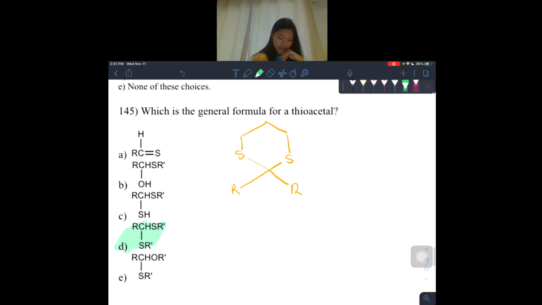Basically, instead of having on those 2 R groups the 2 oxygens, so instead of having R, O, R, O, R, my bad, this is an acetal, so let me switch this to hydrogen. So instead of having these ORs, we are actually going to have SR groups, so we just replace these guys with S's.